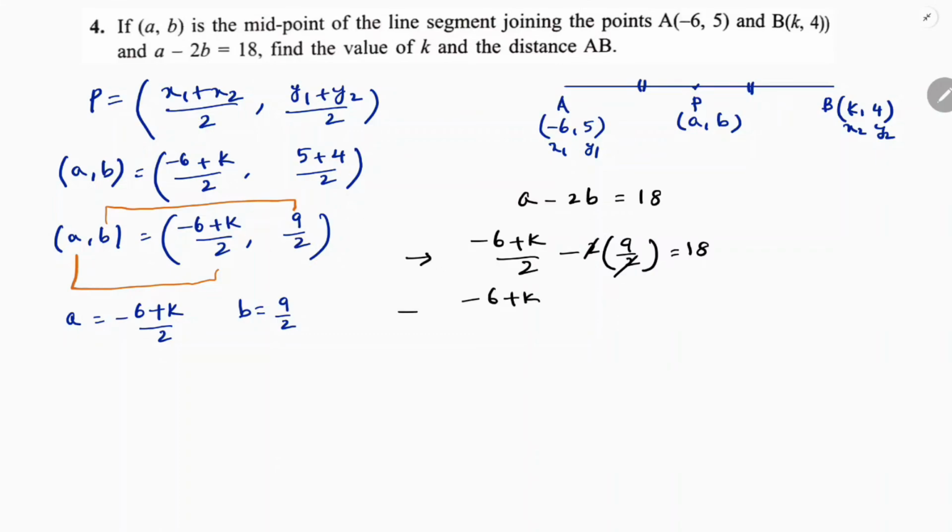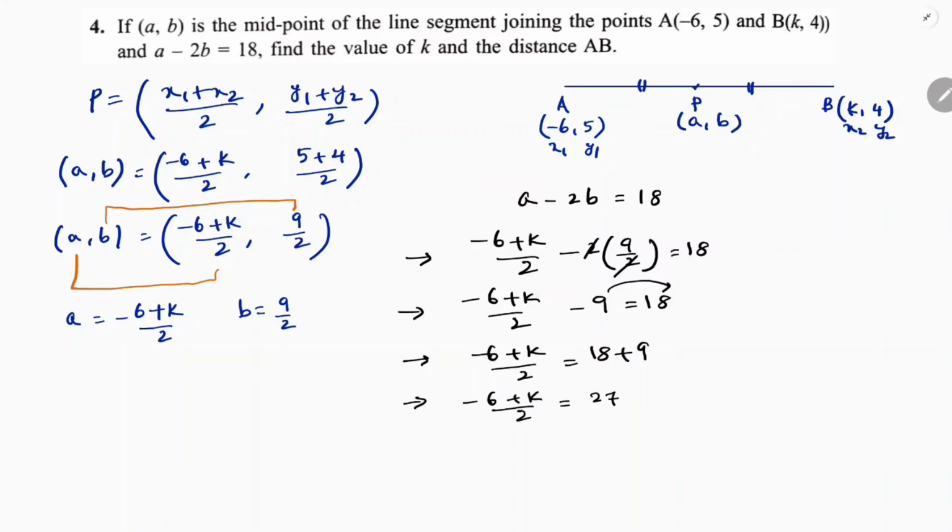Minus 6 plus k by 2 minus 9 equals 18. Minus 6 plus k by 2 is 18 minus 9, if we transpose, plus 9. So (-6 plus k) by 2 is 27.